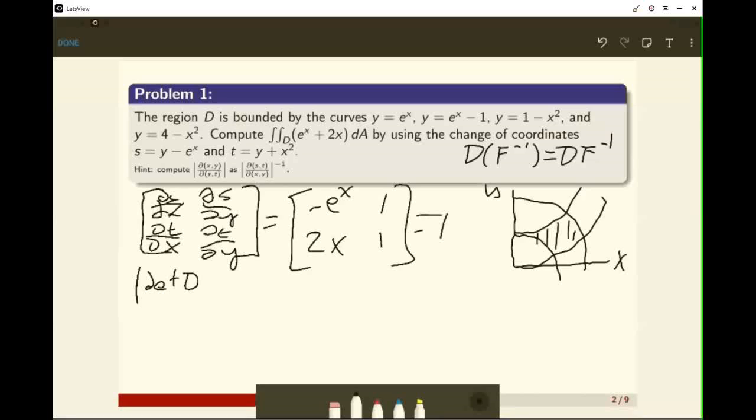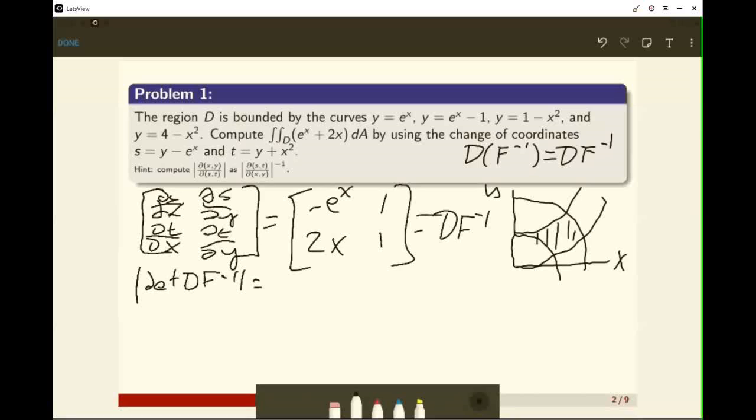I'll call this df inverse after all, as in the notes. So the determinant of df inverse that we're after is going to be an absolute value.